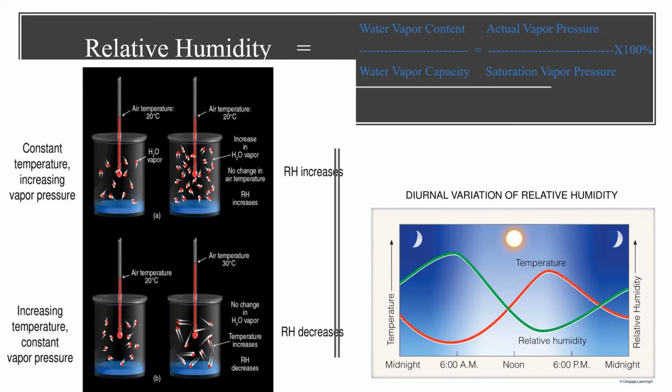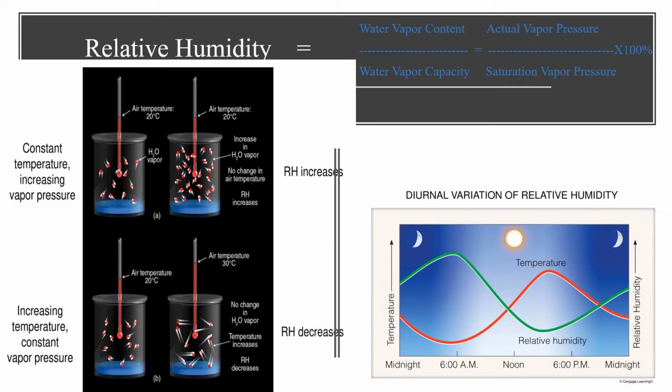This describes the pressure that the water vapor molecules would exert if the air was saturated with vapor at a given temperature. Each of these measures has its uses, but the concepts of vapor pressure and saturation vapor pressure are critical for an understanding of relative humidity.